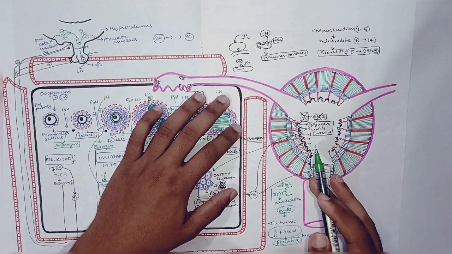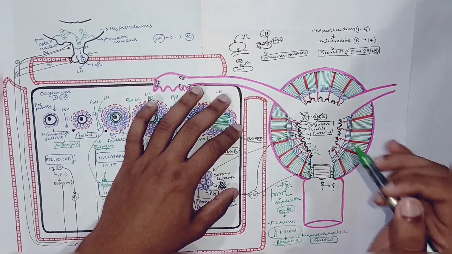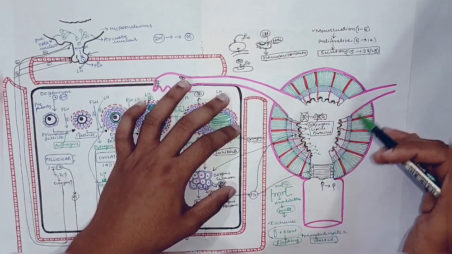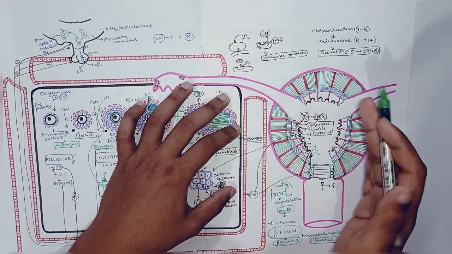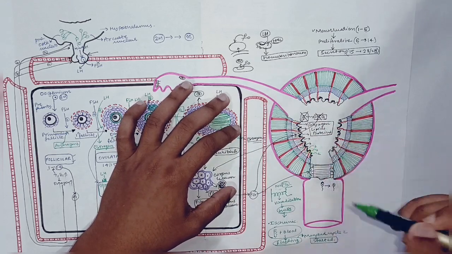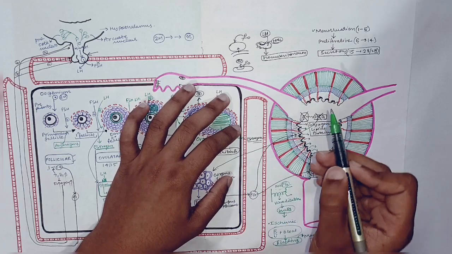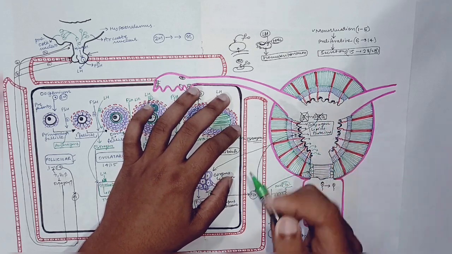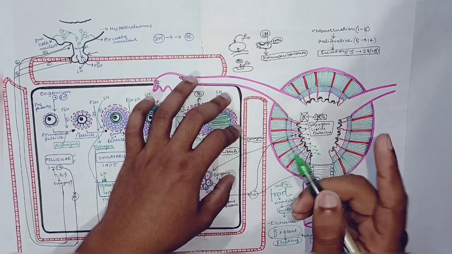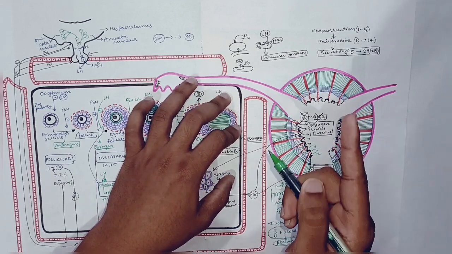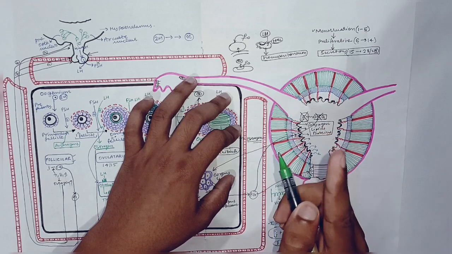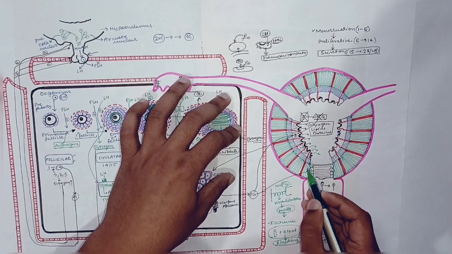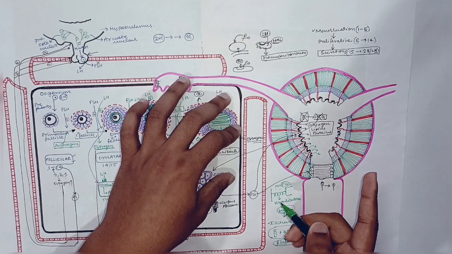So this is all about the menstrual cycle, or the female reproductive cycle, and we have justified how progesterone is important for implantation and for the vasodilation of these coiled arteries. And one thing I need to make you understand is that when there is no implantation, progesterone is the hormone which induces the cervix to produce the thick mucus.